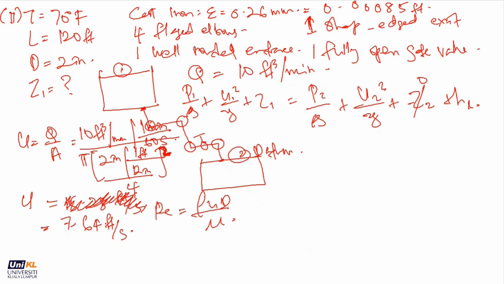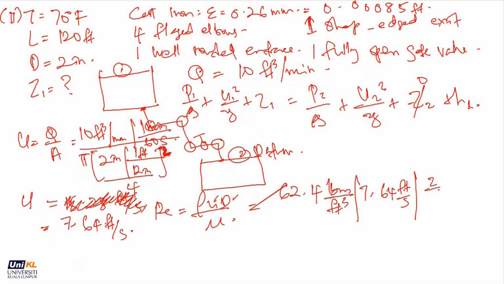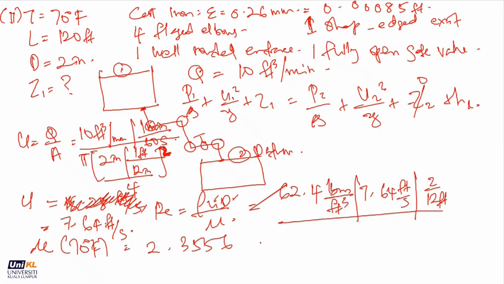We have U. So we get the viscosity at 70 degree Fahrenheit, 2.3556 pound mass per feet hour.